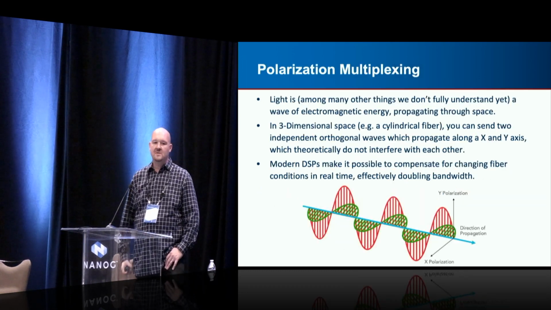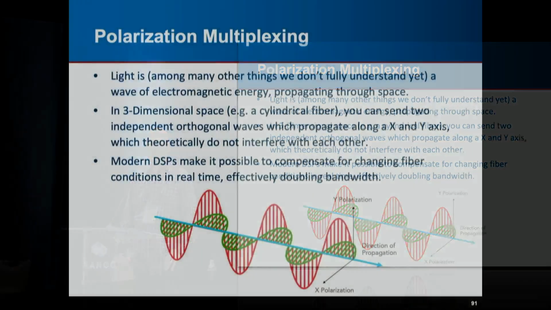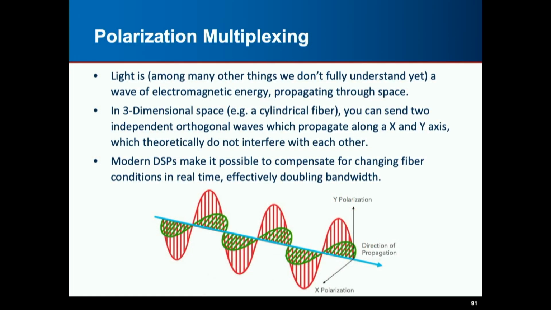We also use polarization multiplexing. So remember that light, among the many things that we don't really understand about it, is just a wave. It's a wave propagating through space. And because we live in a three-dimensional space, we have an X and a Y axis. You can send a horizontal wave propagating like this, and you can send a vertical propagating wave like this.